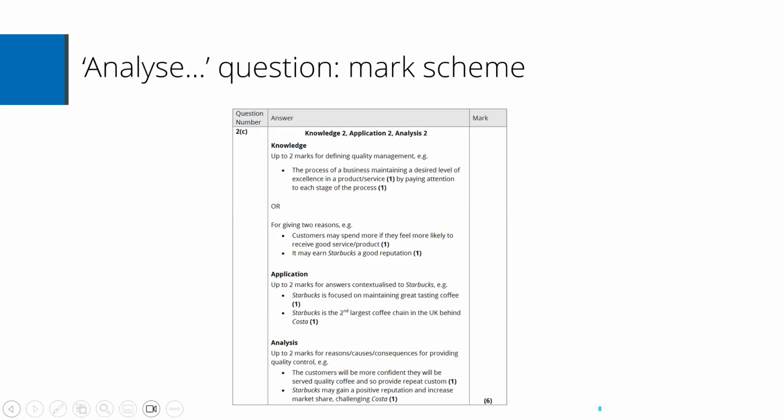Now, I would recommend never giving the definition, because by giving the definition, you're then going to repeat the knowledge element by giving the two reasons. So if you give a definition and then you give the two reasons, you can't score any AO1 marks because the two AO1 marks have already been awarded through the definition.